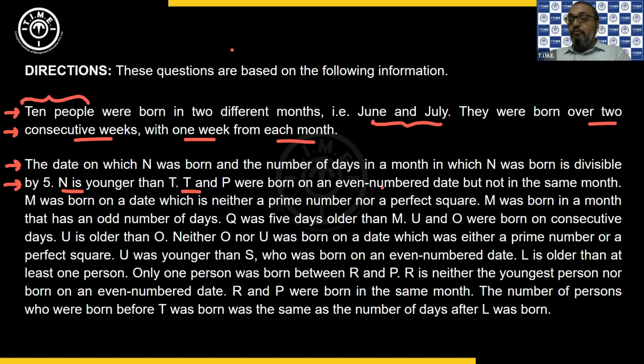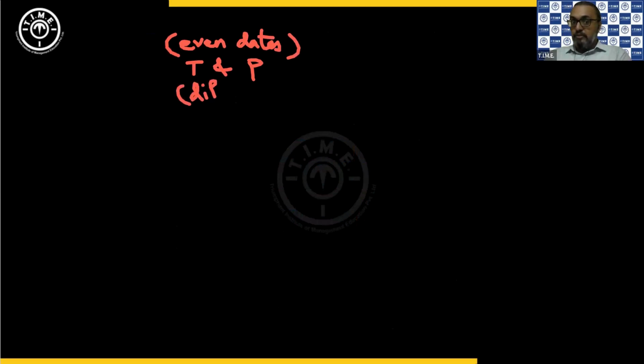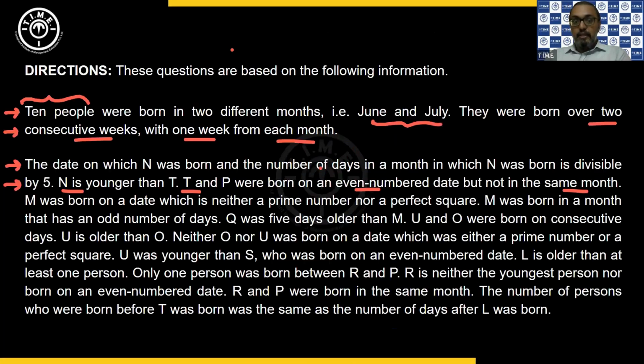Then T and P were born on even numbered date, but not in the same month. Okay, so we have T and P, both are even dates and different months. Okay, then M was born on a date which is neither a prime number nor a perfect square, and M was born in a month that has odd number of days.